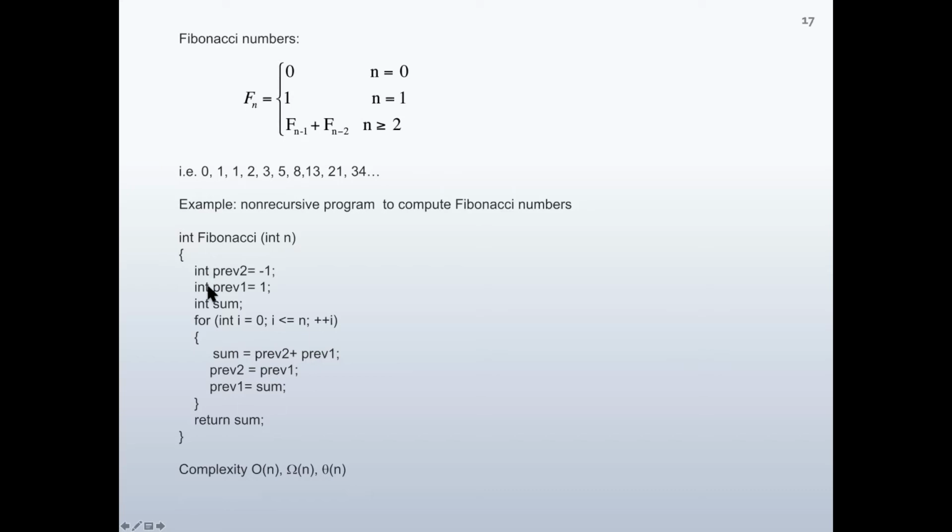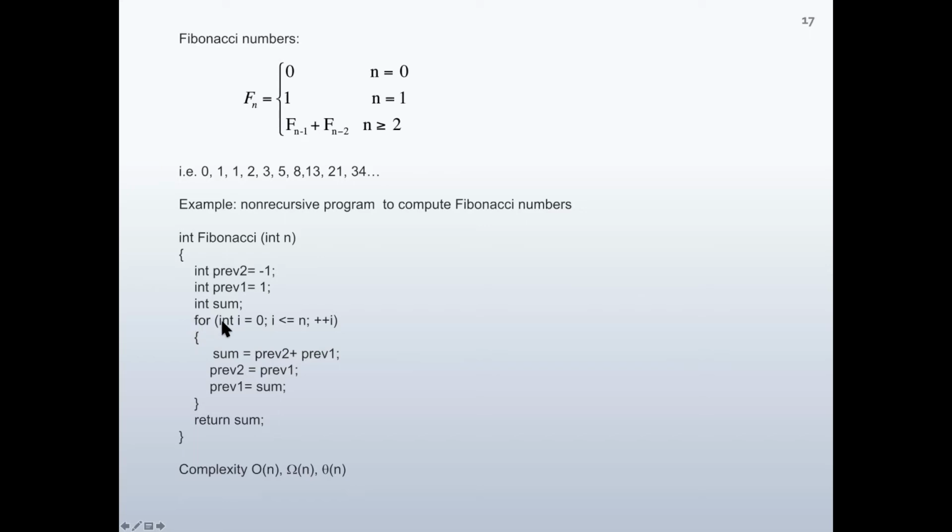We have two variables to keep Fibonacci n minus 2 and Fibonacci n minus 1. These are called Prev2 and Prev1. They are initialized to -1 and 1 respectively. We have another variable which is called sum. This will keep the result for returning as the result of the Fibonacci number.